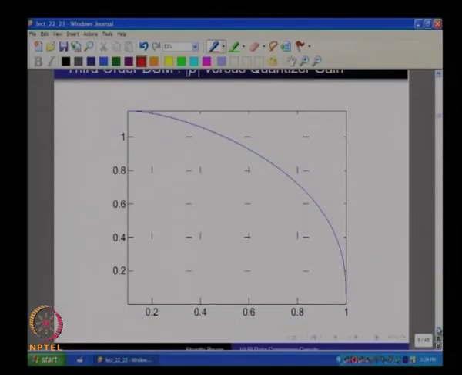So what I did was plot the magnitude of the largest pole as a function of k. When k equal to 1, what should the magnitude of the poles be? 0, right, that makes sense. As k keeps falling, you can see that the magnitude of the poles keeps increasing.